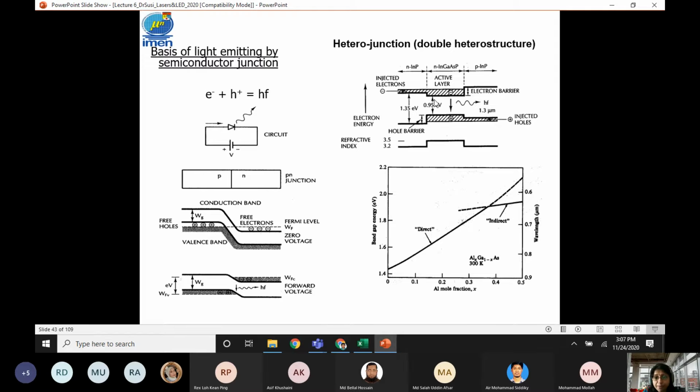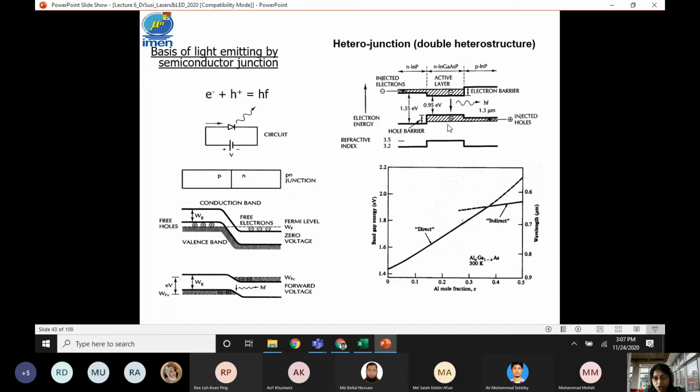So in order to maintain the photons in the active layer, what needs to be done is we need to play around with the refractive index. I think in Dr. Abang or Dr. Dila's class, you would have learned about total internal reflection, where if you have a material with a higher refractive index coupled with a material with a lower refractive index, what happens is the photon is contained. It cannot escape, right?